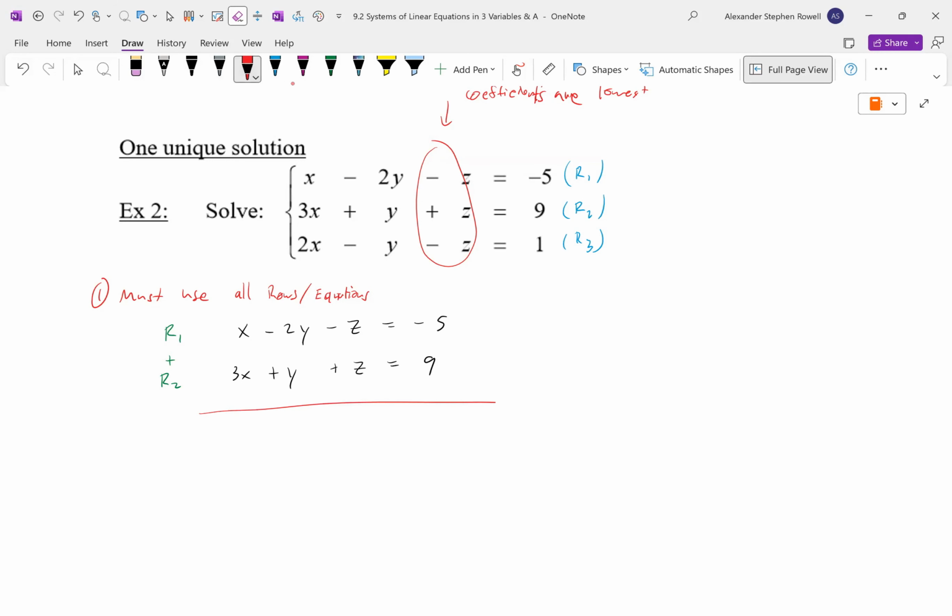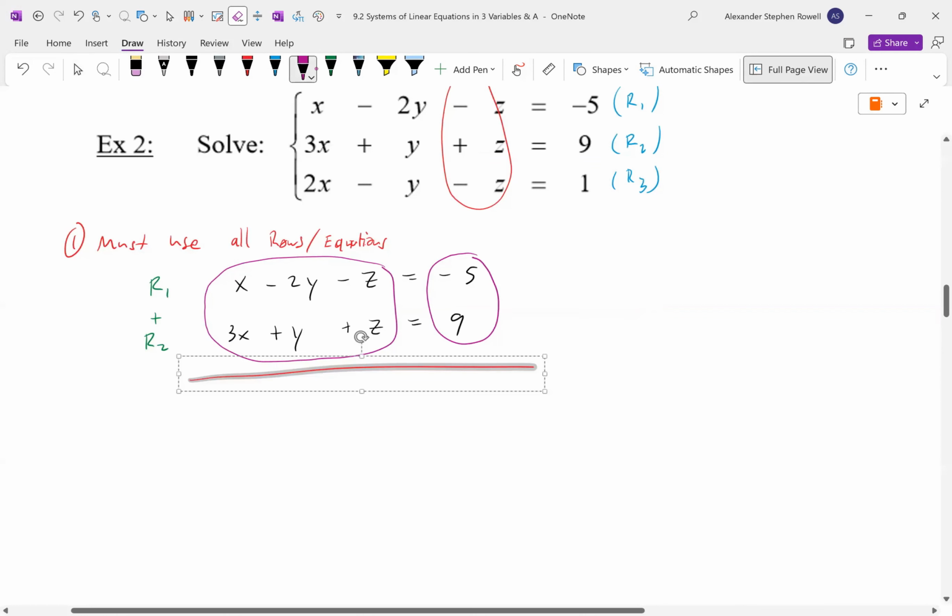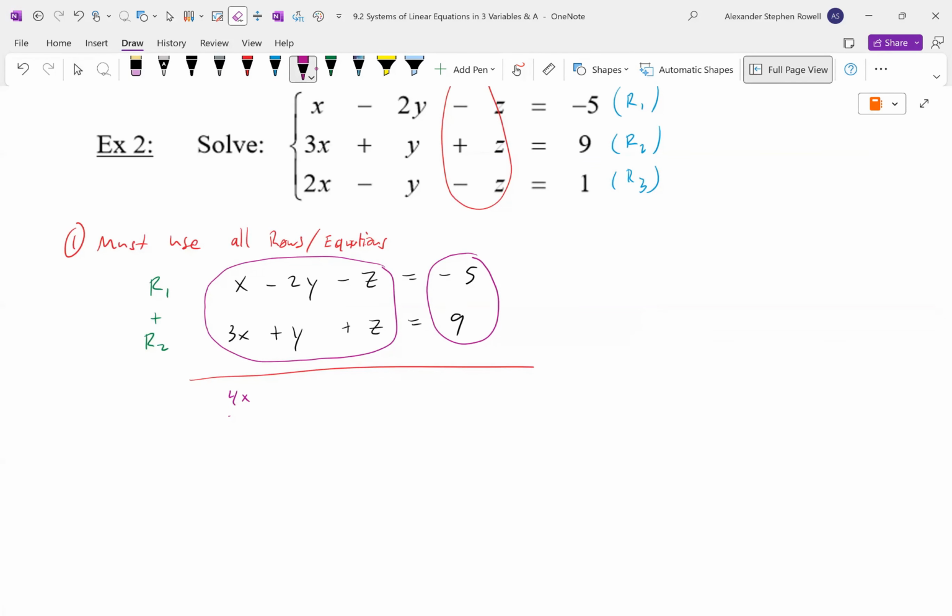When we add these equations together, what do we get? x plus 3x is 4x, negative 2y plus y is negative y, and negative z plus z cancel. That was the whole point: we wanted to eliminate one variable. So 4x minus y is equal to 4.